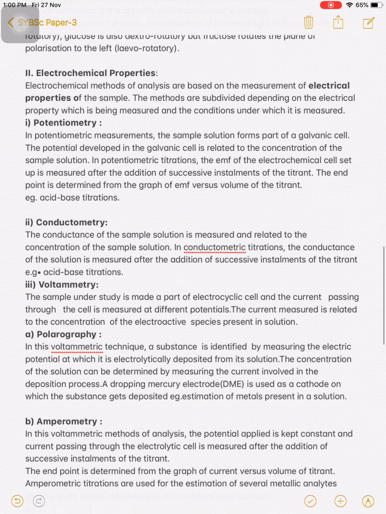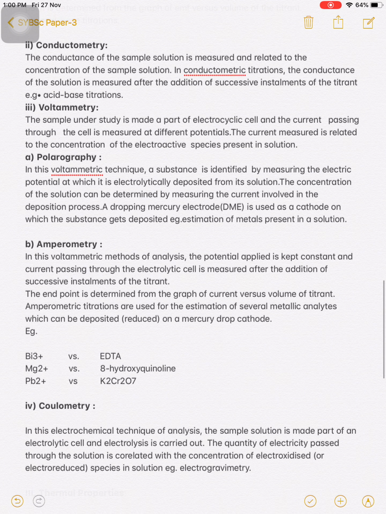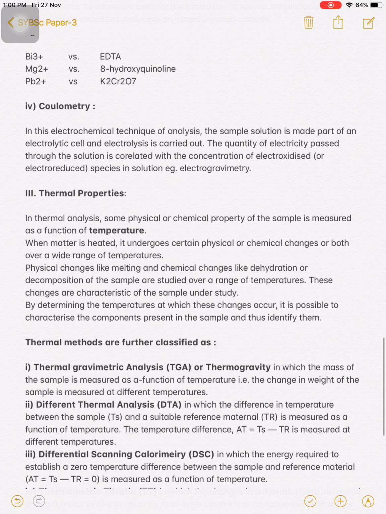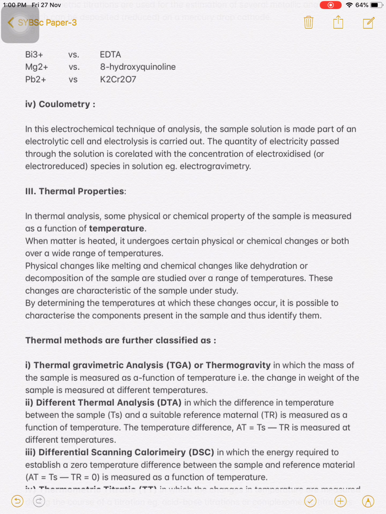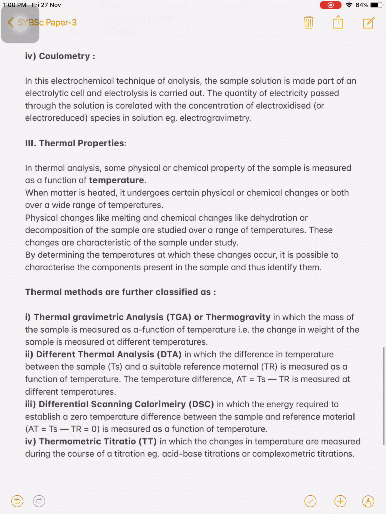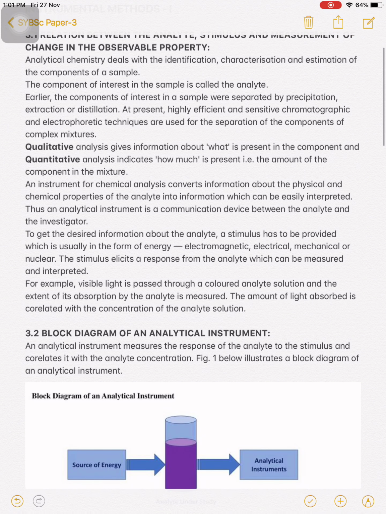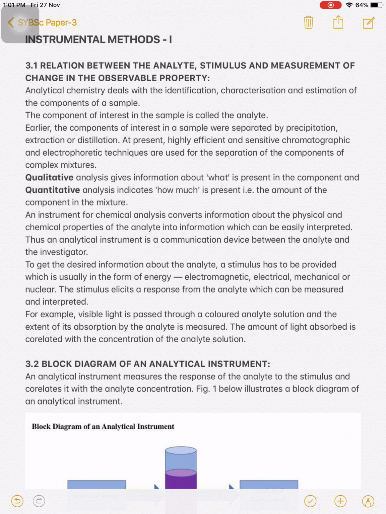In electrochemical properties, potentiometer is there, conductometer is there, voltammeter is there, and colorimeter is there. And last is the thermal property. By use of thermal property, again the instruments are differentiated into TGA, DTA, DSC and TT. So in the next point, we will start spectrophotometry.